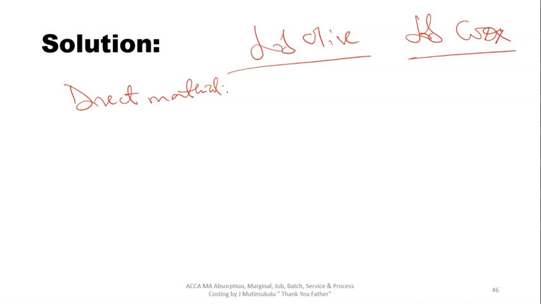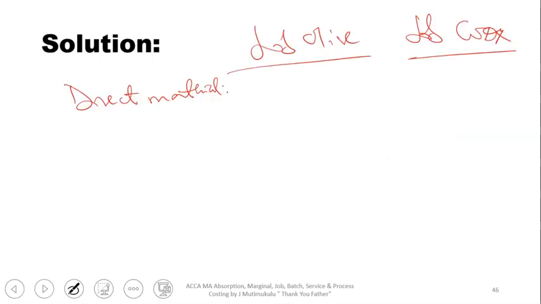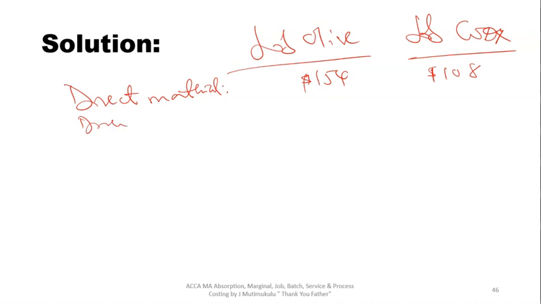Direct material for job olive is $154, and for job cooks it is $108. We then go to direct labor.